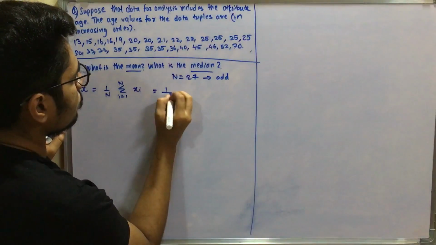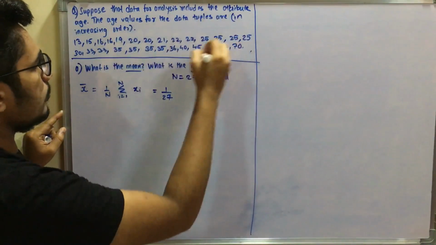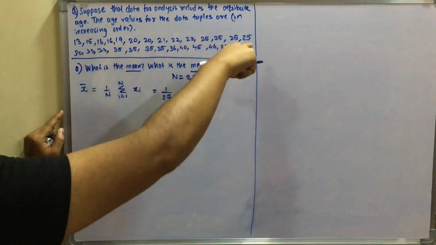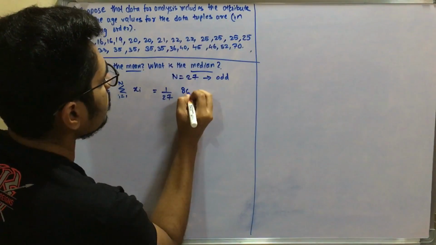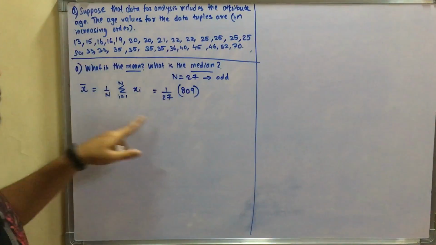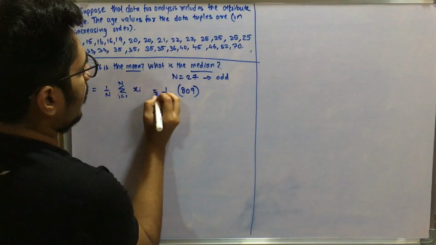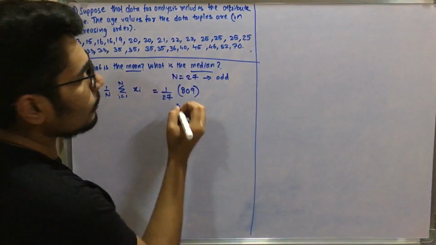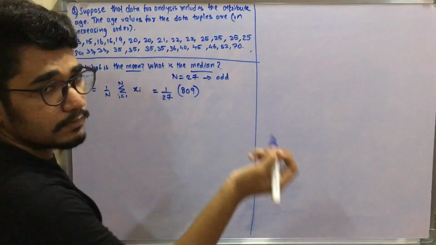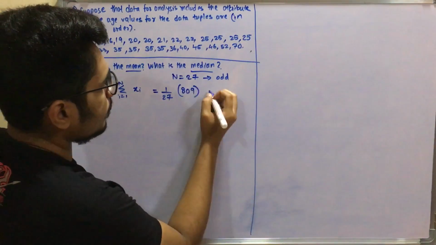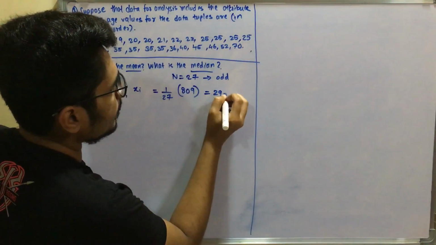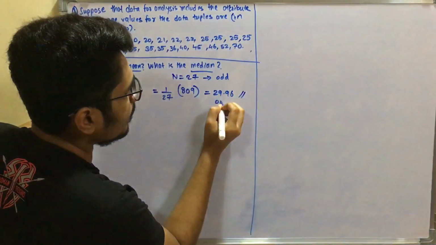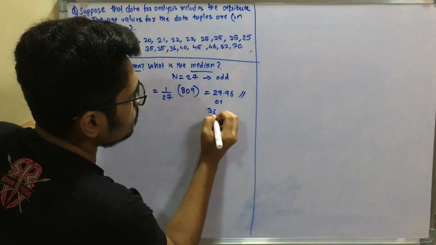So you have 1 upon 27, and when you sum up 13 plus 15 plus 16 and all values till 70, you get 809. If it was 810, then this would have been 27 times 30, so with one value less, it is 29.96, and either you can give this value or you can round it off to 30.